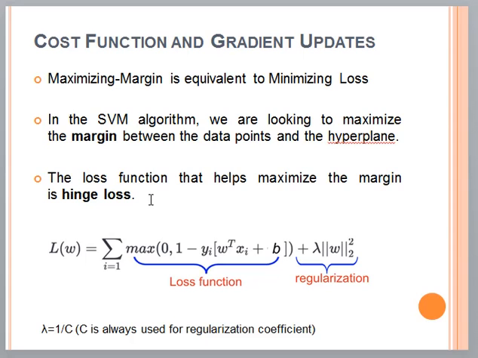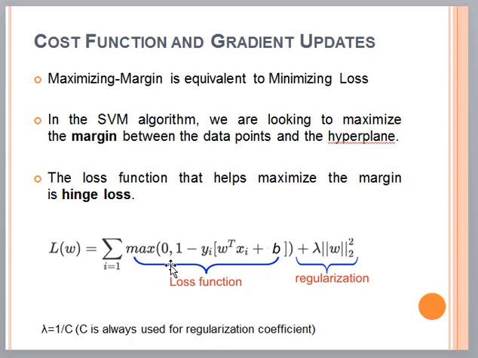So we can define this loss function as the maximum of W transpose X plus B. This is the same term which we derived in the previous slide, and we see here that this is the weight, this is the input vector, and this is the bias term.